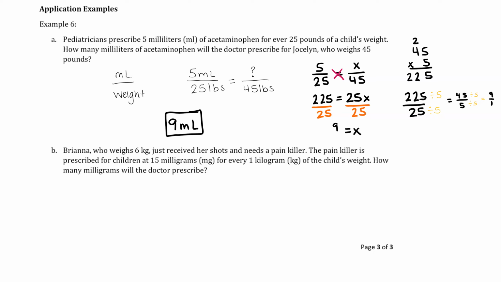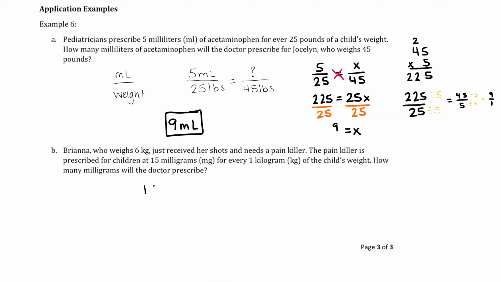Let's try another one. Brianna, who weighs 6 kilograms, just received her shots and needs a painkiller. The painkiller is prescribed for children at 15 milligrams for every kilogram of the child's weight. How many milligrams will the doctor prescribe?